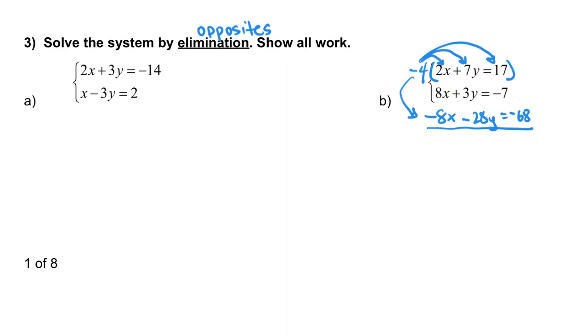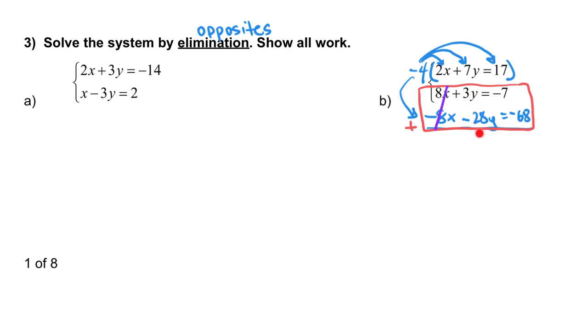So now I'm taking my bottom equation and my written top equation after I multiplied it by -4, and I'm able to add these two together, because now when I do that, -8x and +8x cancel out.